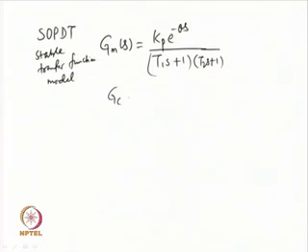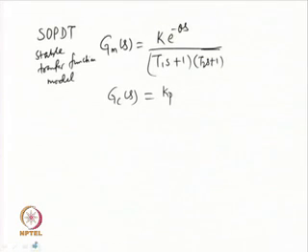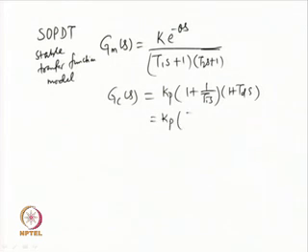Now, the controller dynamics is again repeated here, G C s is equal to, sorry, this will be K, not Kp, the steady state gain of the process is given by K. So, the controller is now represented by G C s is equal to Kp times (1 plus 1 upon Ti s) times (1 plus Td s), which is equal to Kp times (Ti s plus 1) divided by Ti s times (1 plus Td s).